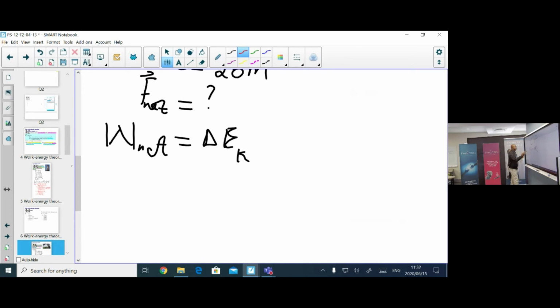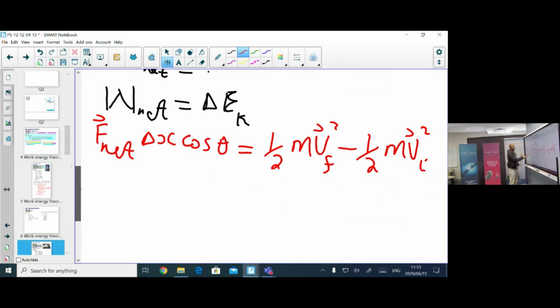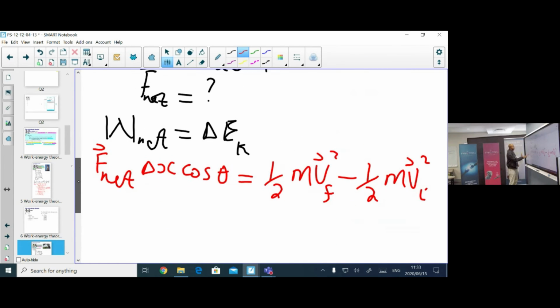Now we have to look at this. F net. Don't forget all the time, because the force, that is change in x cos theta, which is equal to half m v final squared minus half m v initial squared.